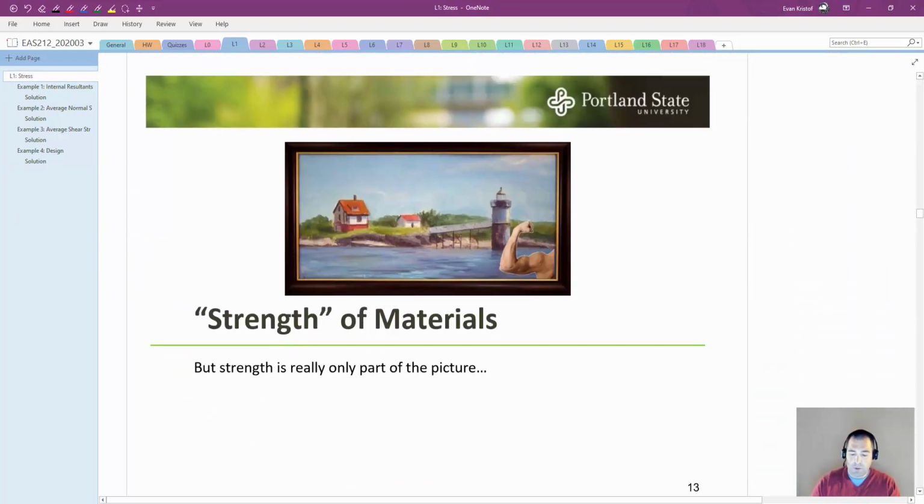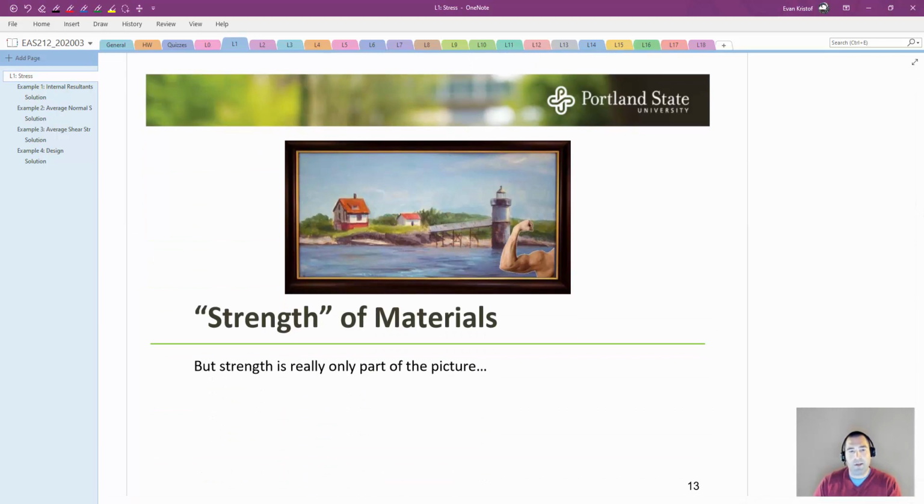All right. So now that we've refreshed our memory a bit about internal resultants and the statics of it all, that's often going to be the first step that you do for most of the problems in this class, the statics. And now we're going to actually talk about the strength of materials or mechanics of materials part of it.